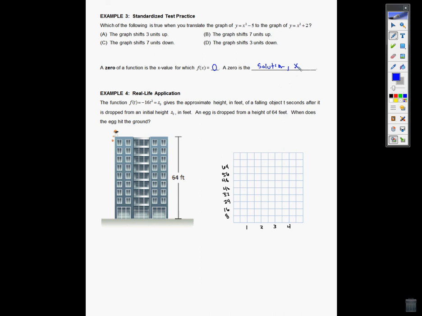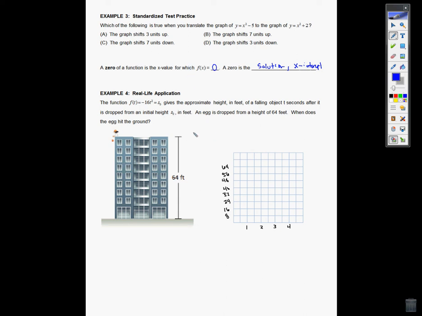So it's a solution or an X-intercept. All of these things mean the same thing. 0, solution, X-intercept, all the same. So now let's look at example 4, where basically we want to take an equation and find that solution, X-intercept, or 0 of a function.